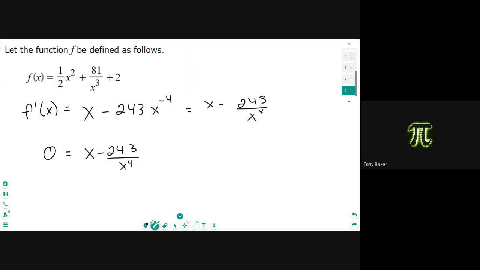Add the fraction to both sides. Then you multiply both sides by x squared.